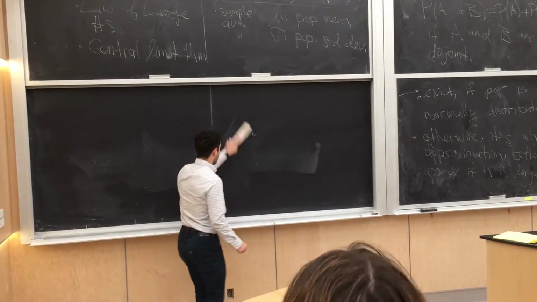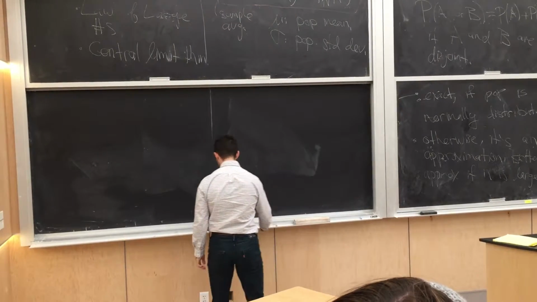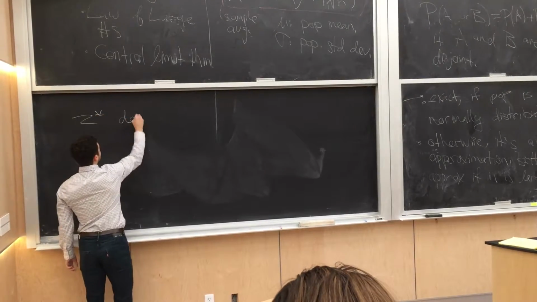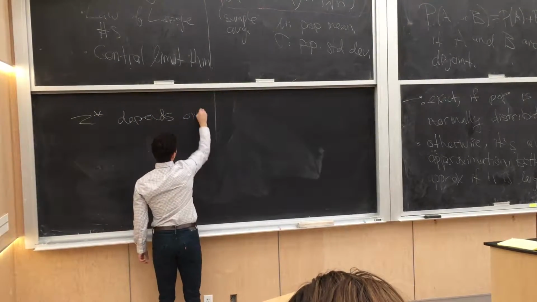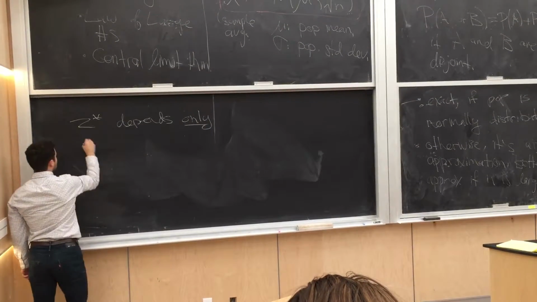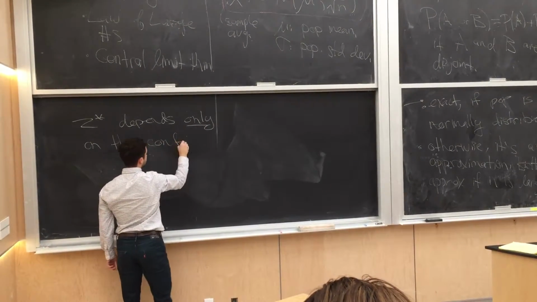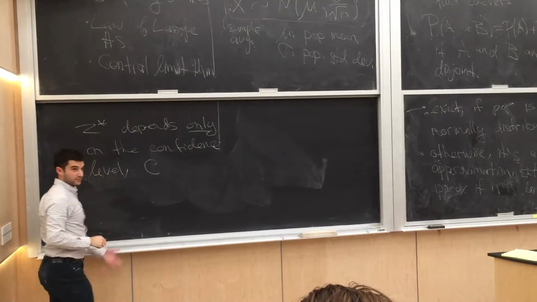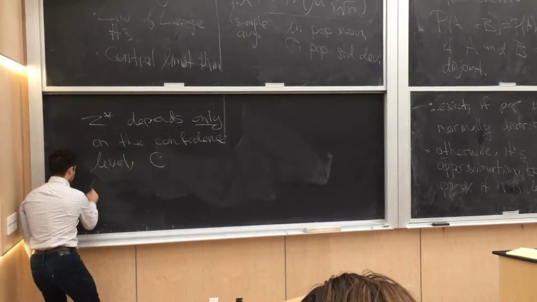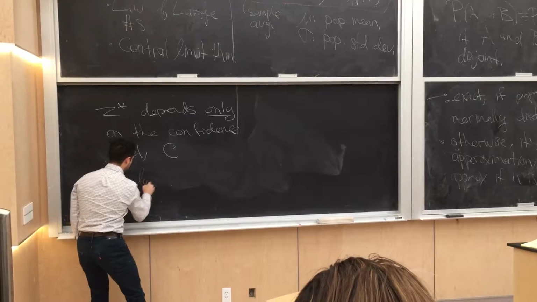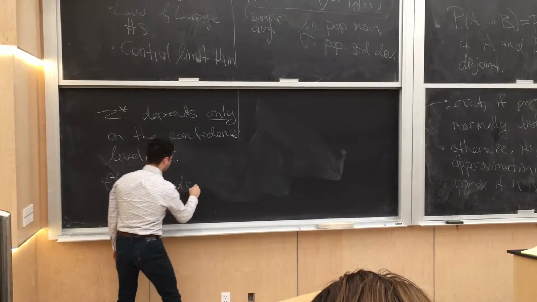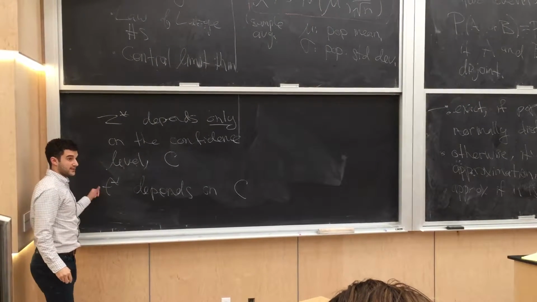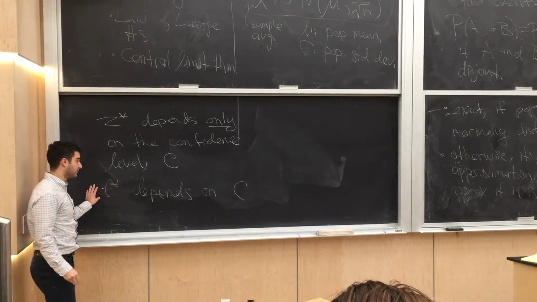The thing to know about z star and t star is that z star depends only on the confidence level, which is capital C. t star depends on the confidence level as well as the degrees of freedom that you have.